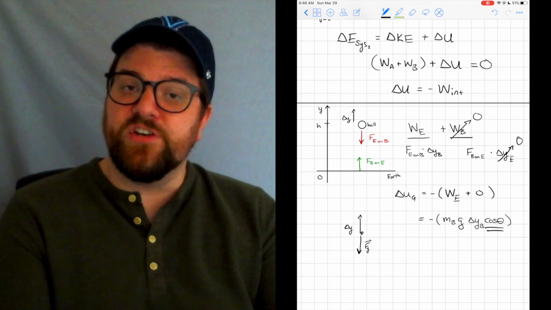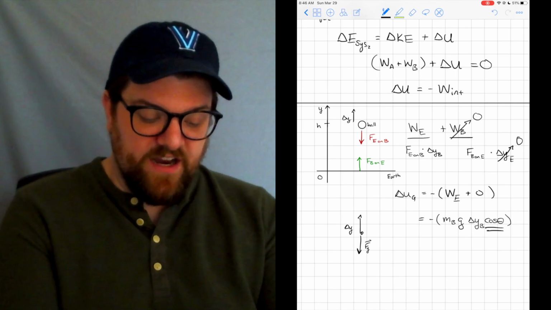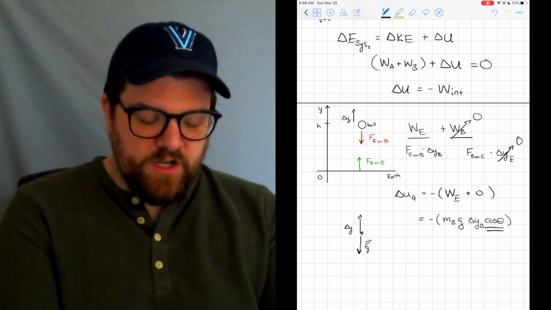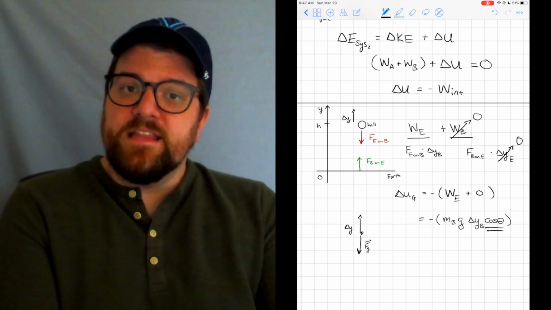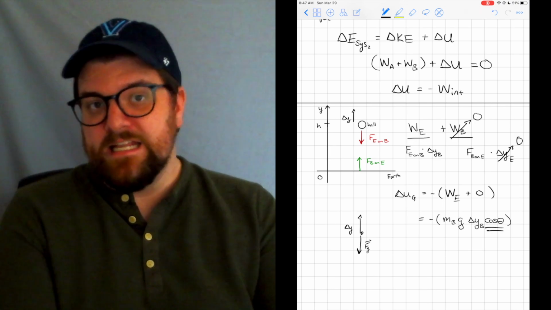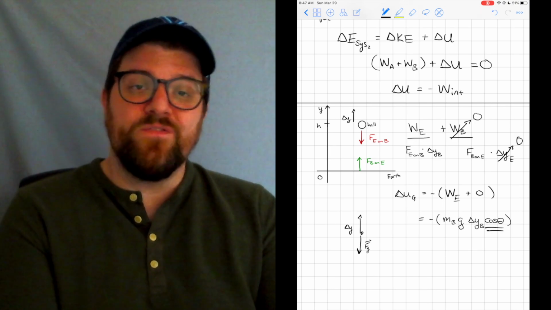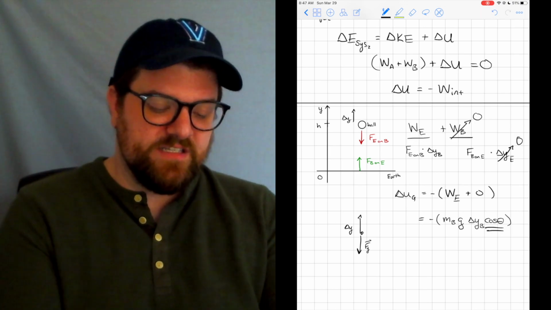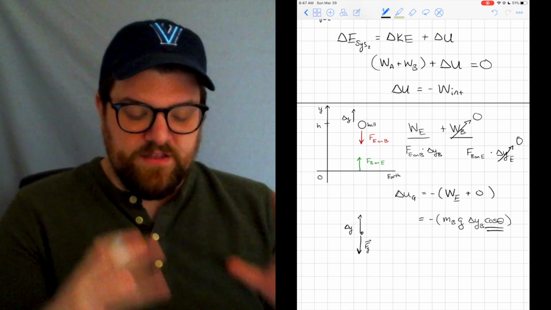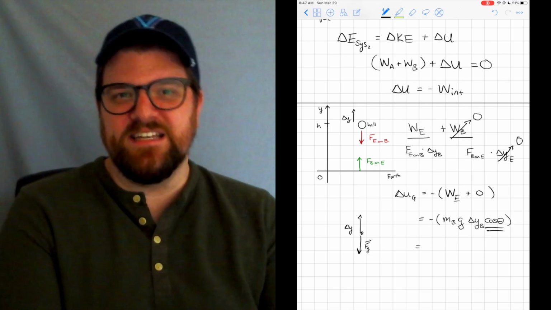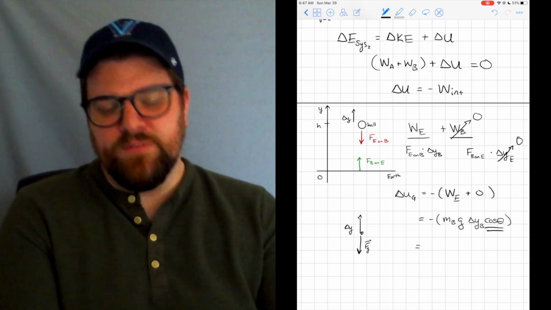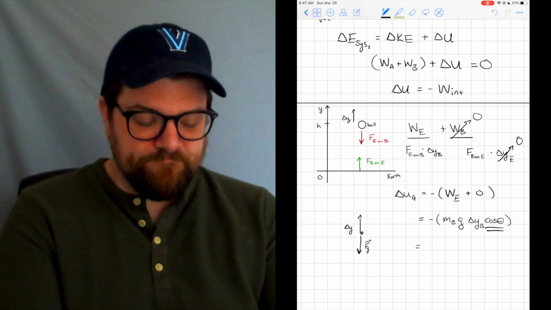I have a 180 degree angle between those two vectors. The cosine of 180 is -1, but I have this -1 floating outside of this term here. So I'm going to actually have a positive change in potential energy.